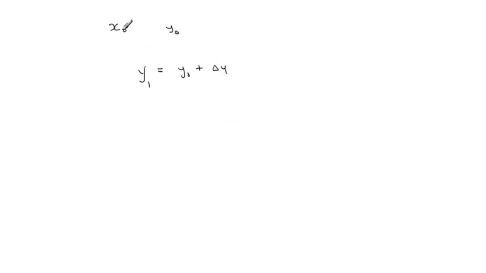Initially we're given x0 and y0, which means that the function passes through the point x0 comma y0, where x0 is the initial value of the independent variable, and y0 is the value of the function at x0.